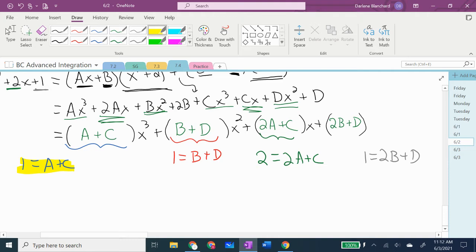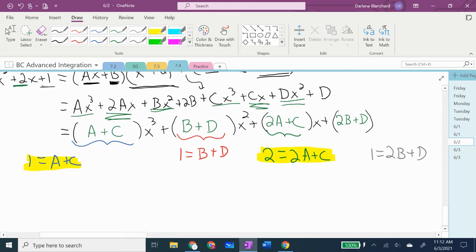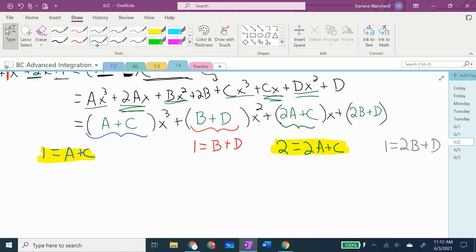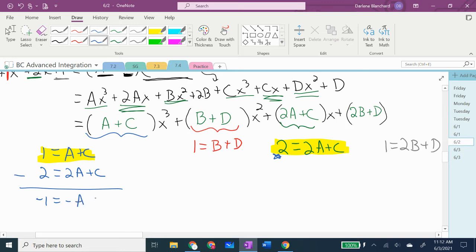Now I have 4 equations with 4 unknowns, but conveniently, I have pairs. I have an equation and another equation that involve only a and c. I can group those together. So, grouping those together, I'm going to bring this equation over here, and I'm going to subtract the 2 equations. 1 minus 2, a minus 2a, and c minus c ends up being 0.